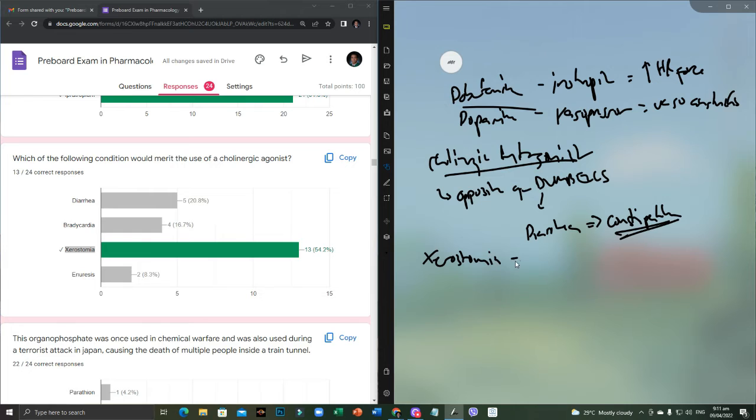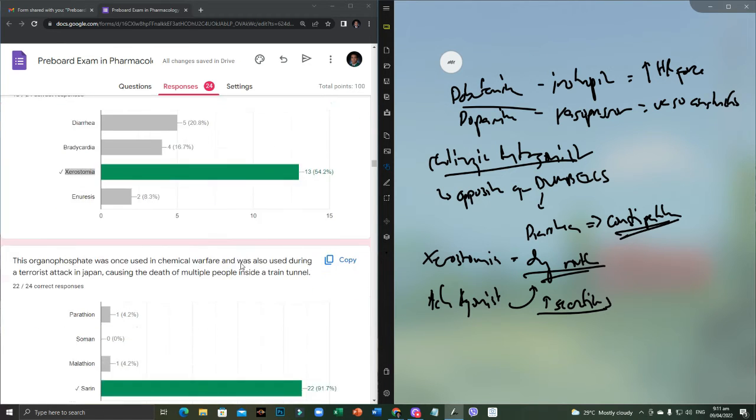By giving a cholinergic agonist, it can increase secretions, specifically saliva, to help manage xerostomia.